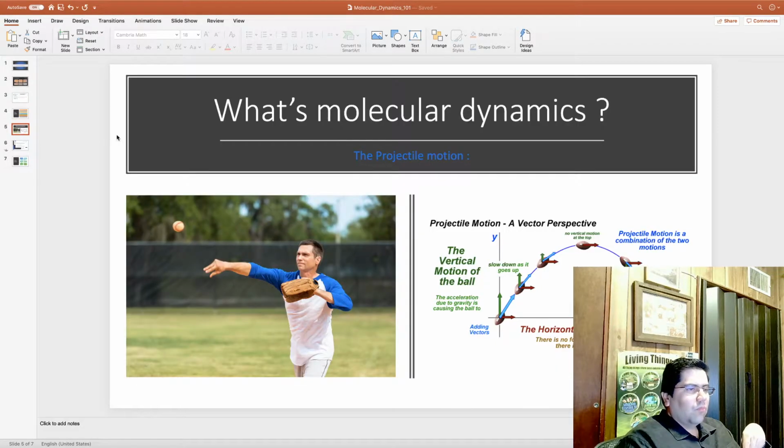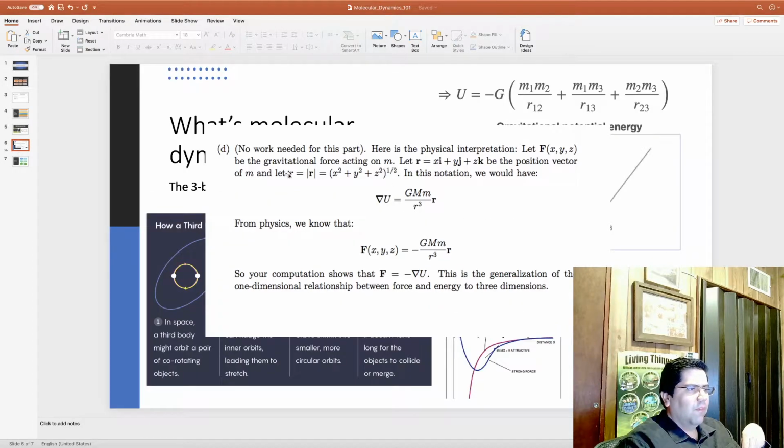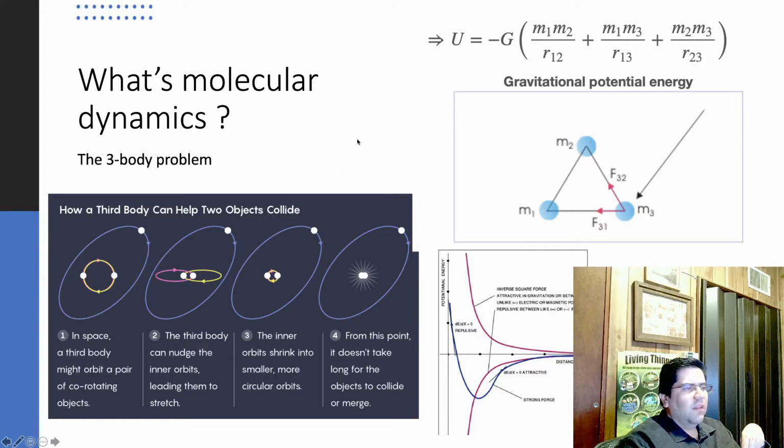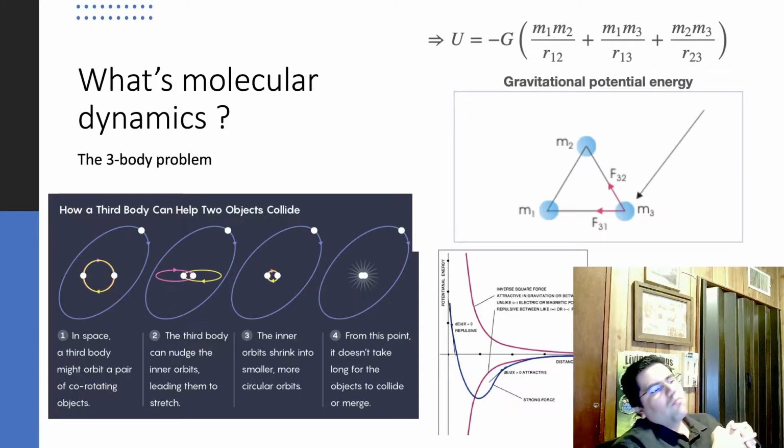Now we're gonna go into another example, and that will be the three-body problem. This is a classical example that we have. We have 3 objects, and we have to find how they're gonna move over time.